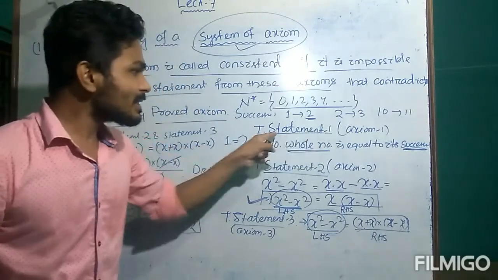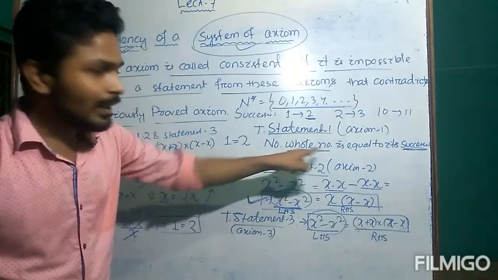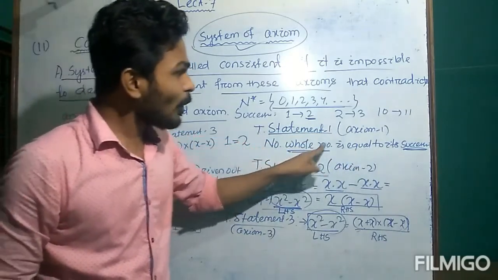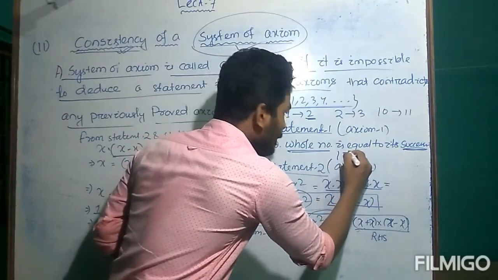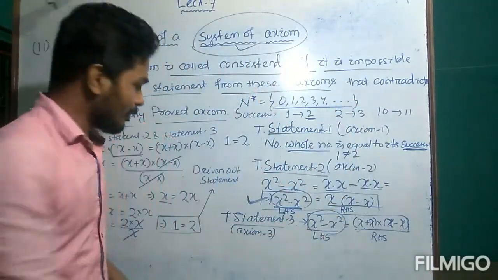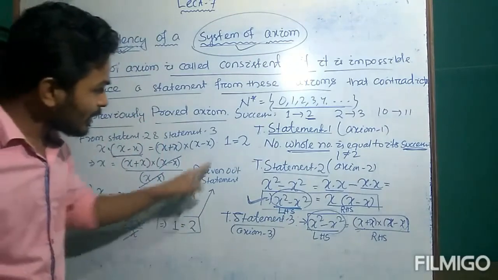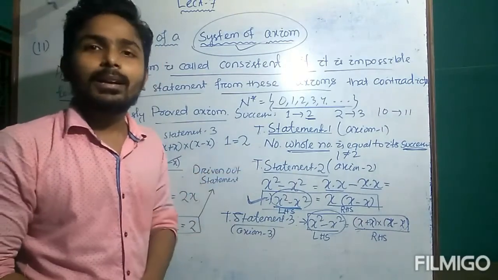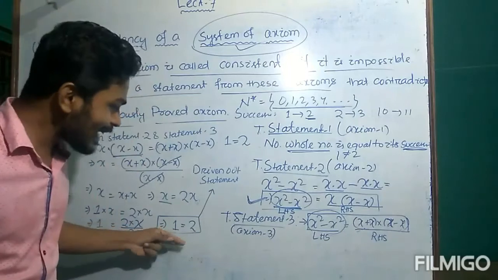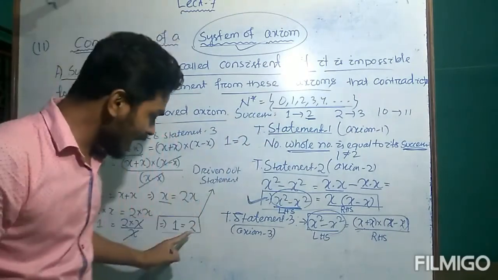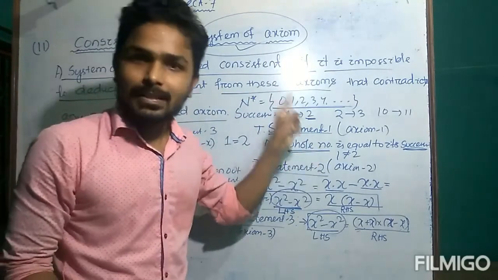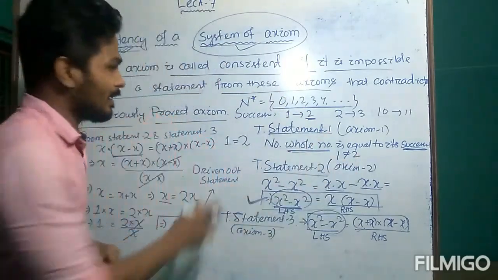But here in statement number 1, what do you find? You have taken that no whole number is equal to its successor. That means 1 can never be equal to its successor 2. But after drawing the conclusion, you get that 1 is equal to 2. Understood? So this statement disproves statement number 1, or this statement contradicts statement number 1.